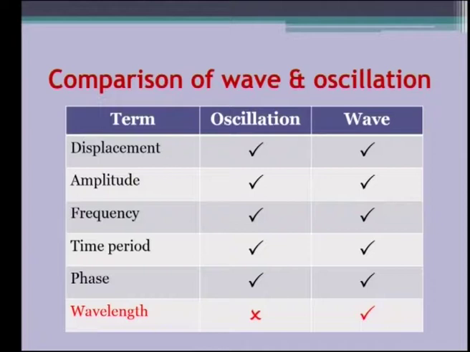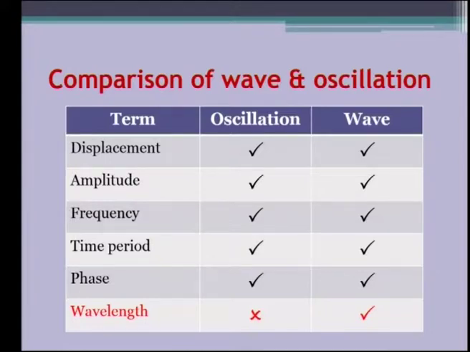And what further classification do we have? See, this is again a comparison between the term oscillation and wave. We have learnt thoroughly about oscillation and the terms related to the concepts of oscillation, and for the concept of wave, what are the terms related?